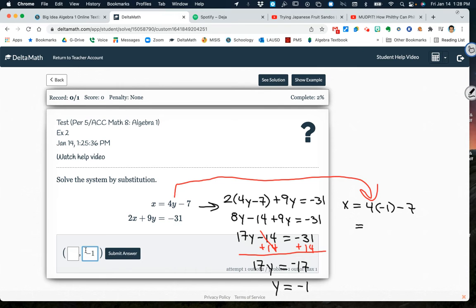So that would be 4 times negative 1 is negative 4 minus 7. Should be negative 11. Check my math. Is that negative 11? Okay. Let's try that. Negative 11, comma, negative 1. Let's try it out.